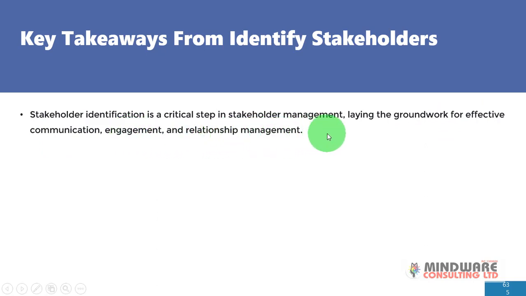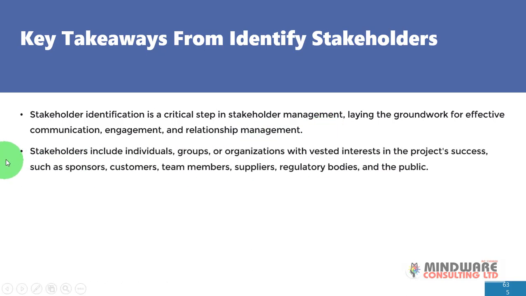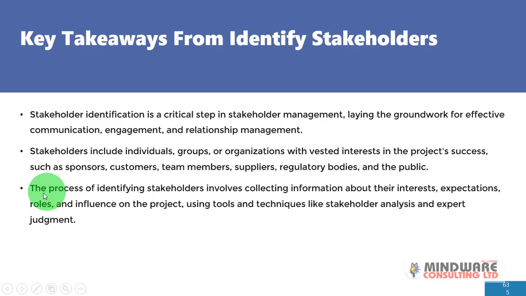All right, so it's very, very critical, the first step, if you're going to get it right. Okay, stakeholders include individuals, groups, or organizations with vested interest in the project's success, such as sponsors, customers, team members, suppliers, regulatory bodies, and the public.